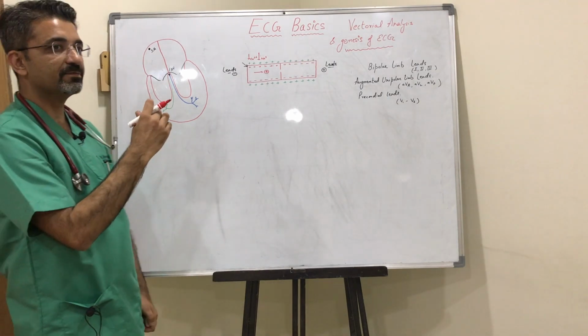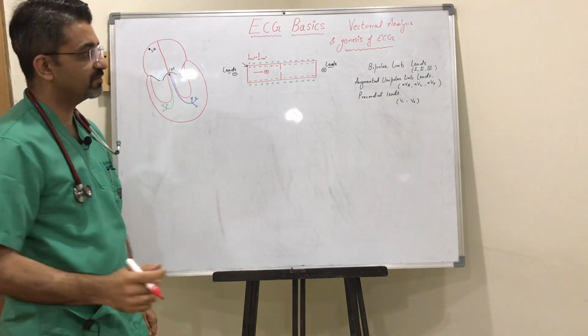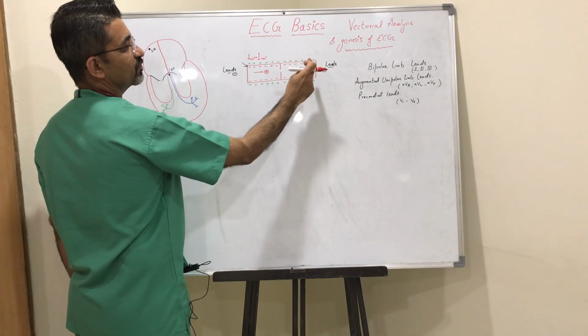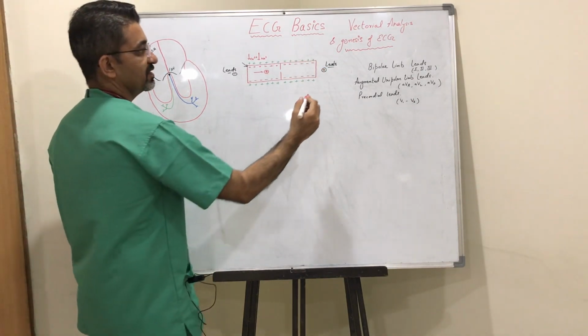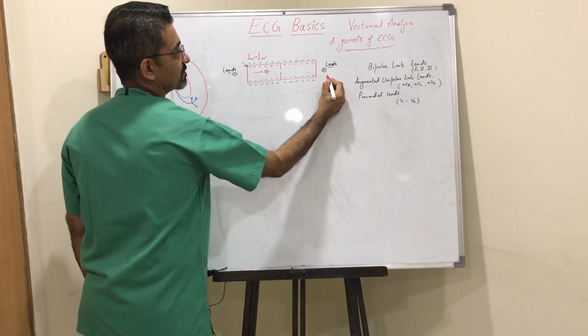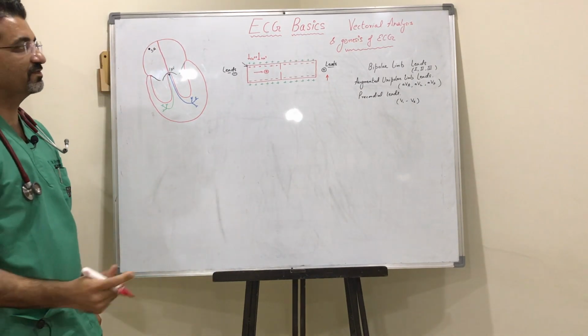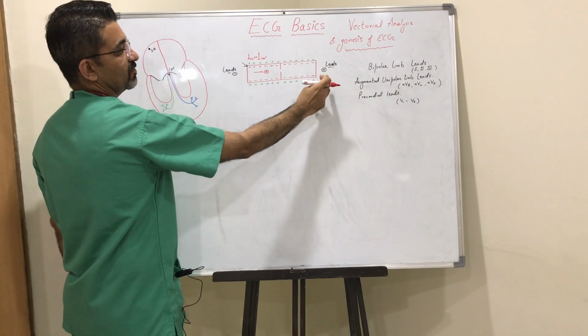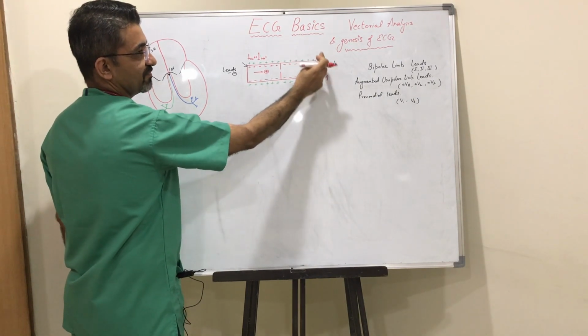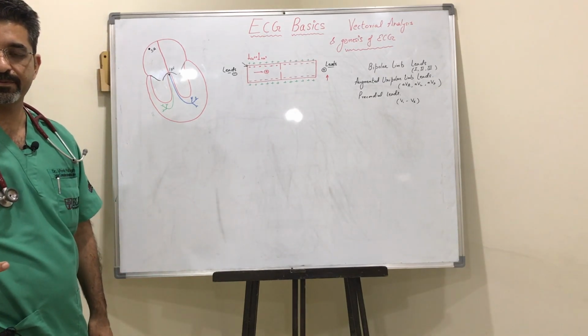So there are some principles in electrophysiology that whenever the positive charge moves towards positive lead or positive electrode, the deflection is positive. So whenever a positive charge moves towards a positive lead or the positive electrode, the deflection is always positive.